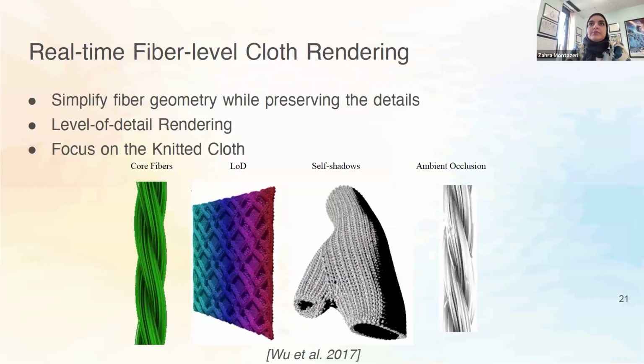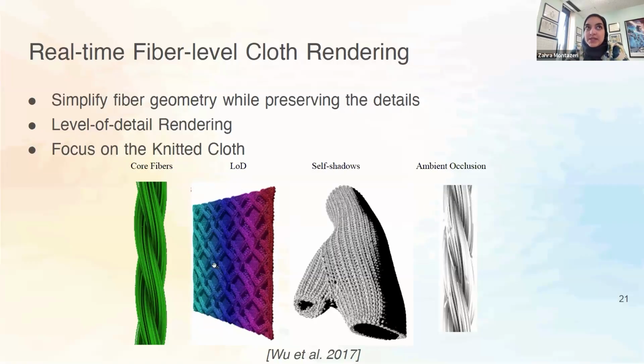Another paper that came the year after was this real-time one, where we can split the fibers into core fibers, and we can also do multi-resolution, level of detail, and so on.